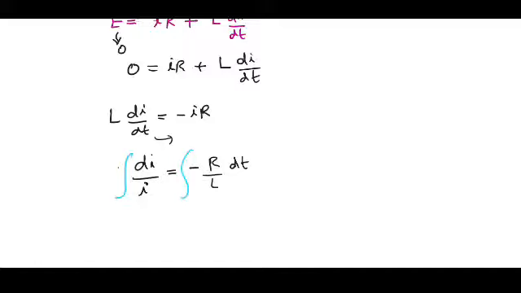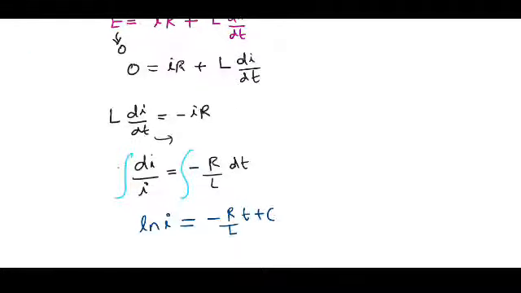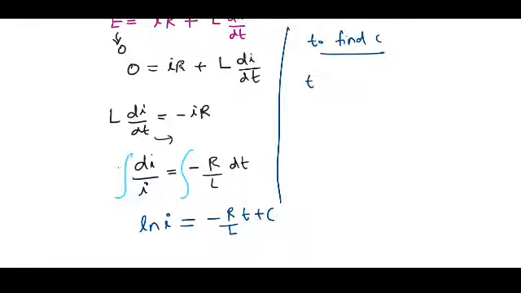this will be natural log I is equal to minus R by L t plus C. Now to find the constant of integration C, we have to put in the initial conditions. The initial condition was time t is equal to 0, the current flowing through the circuit was the maximum current, the steady current I0.